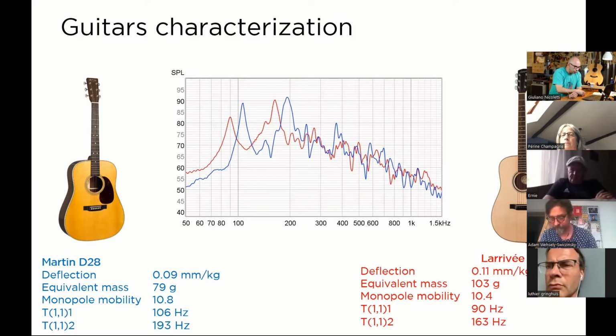And also with such a heavy soundboard, you do not have higher order modes. And that doesn't mean that the guitar is not a good guitar, of course. My friend that is the owner of this guitar loves it.